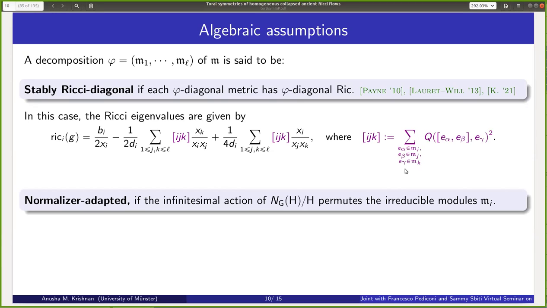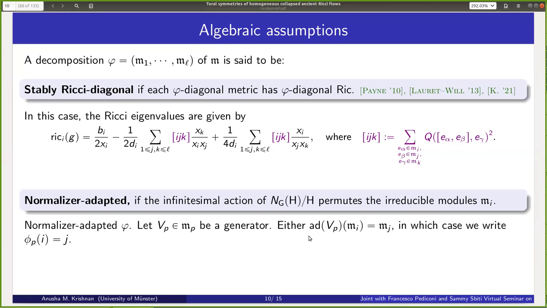And next, a decomposition of M is said to be normalizer adapted if the infinitesimal action of the gauge group permutes the irreducible modules Mi. Specifically, if we have a normalizer adapted decomposition, let Vp be a generator of some trivial module.